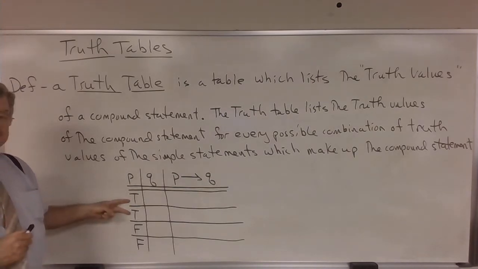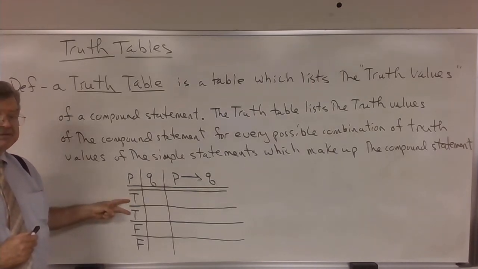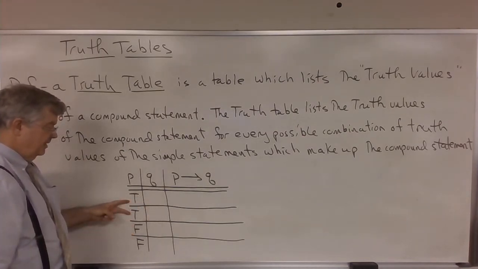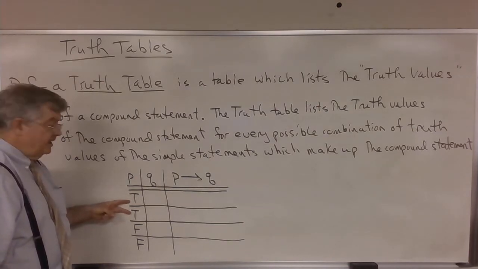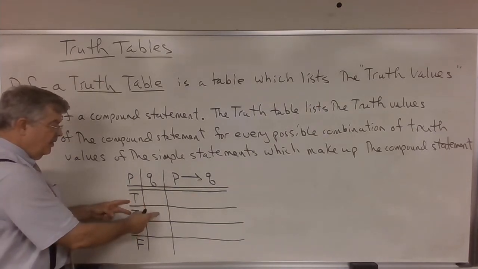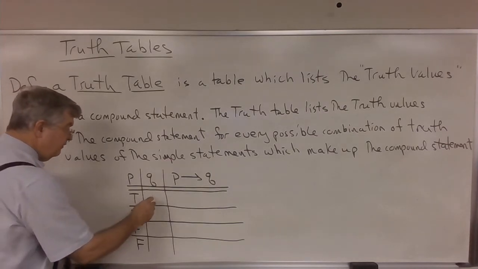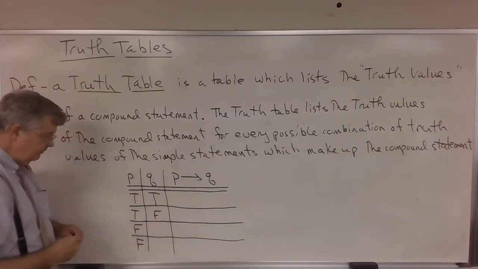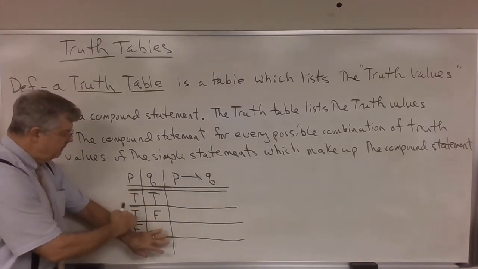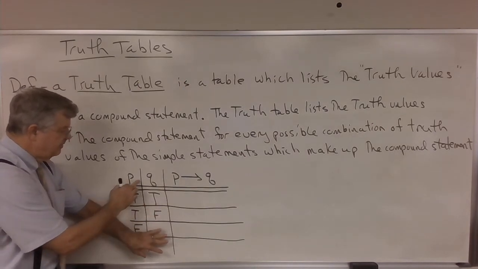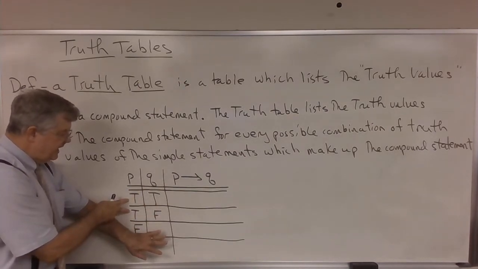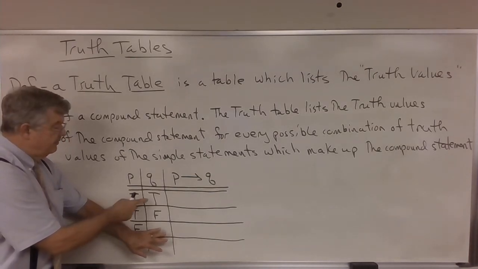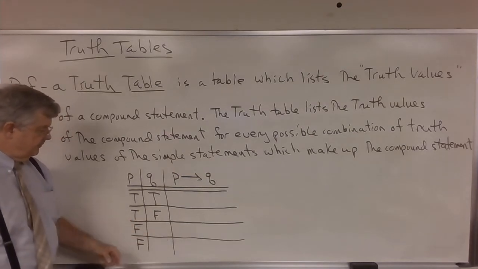Now, given a truth value for P, let's say P is true, there are two possibilities for Q. If P is true, either Q can be true or Q can be false. So we'll write those down here.